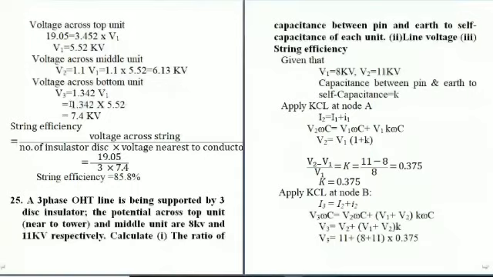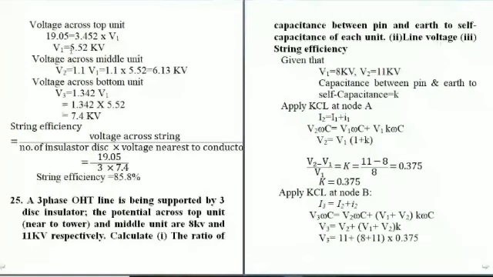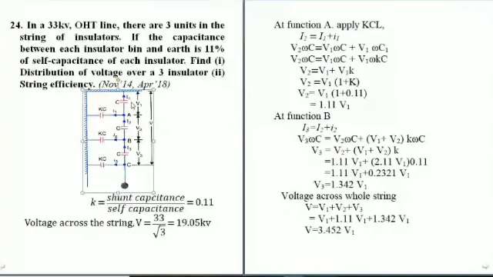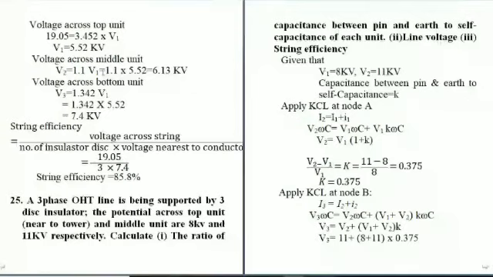So what is the meaning? Voltages of 5.52 kilovolt, 6.13 kilovolt and 7.4 kilovolt are appearing across the string. V1, that is 5.52 kilovolt, is appearing across the first insulator. That is the meaning. Understand? This much voltage is appearing across the first insulator.